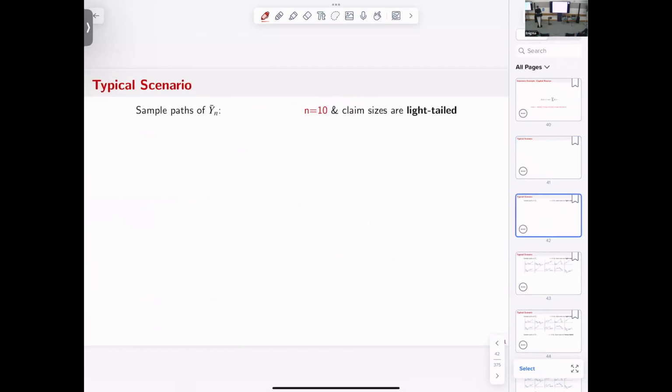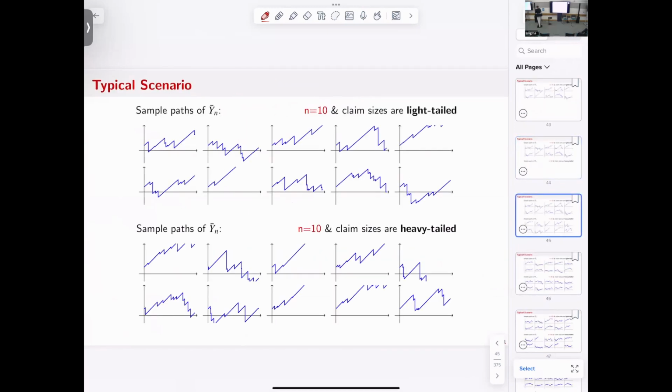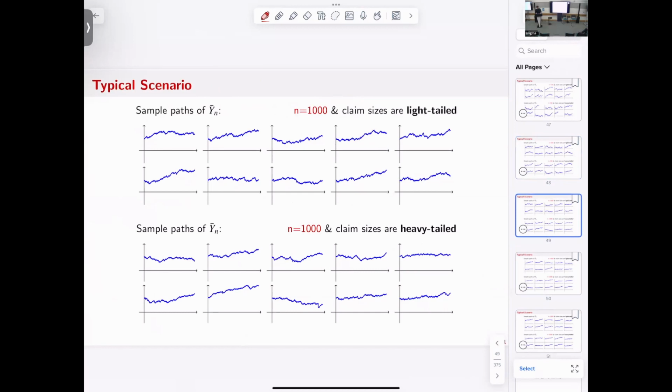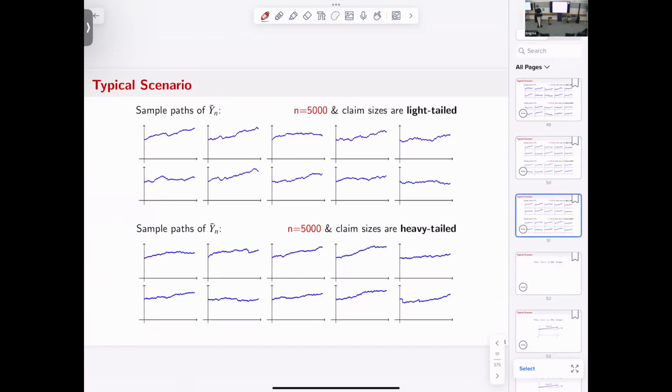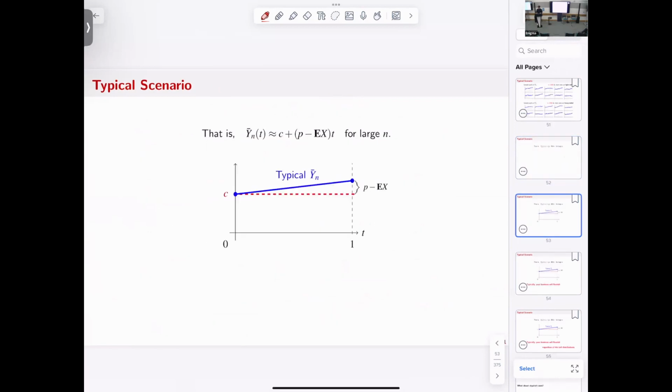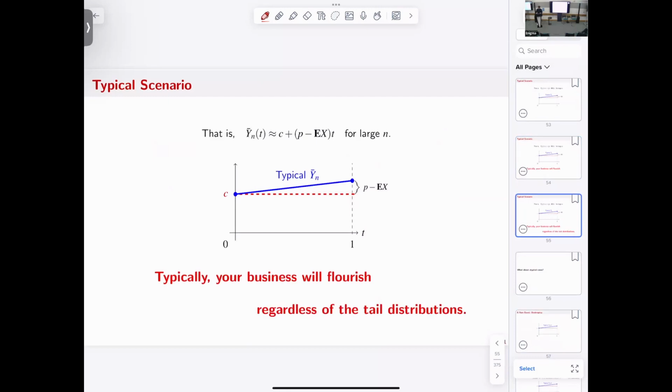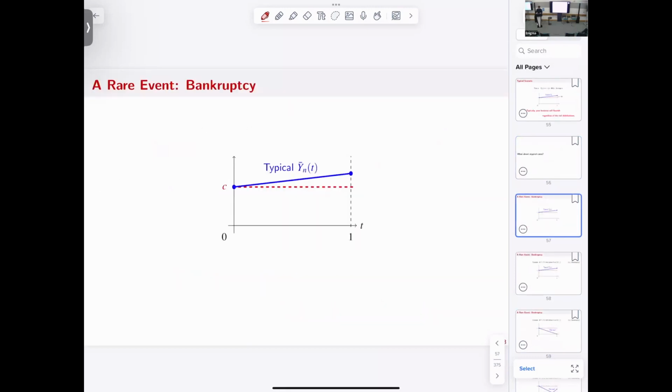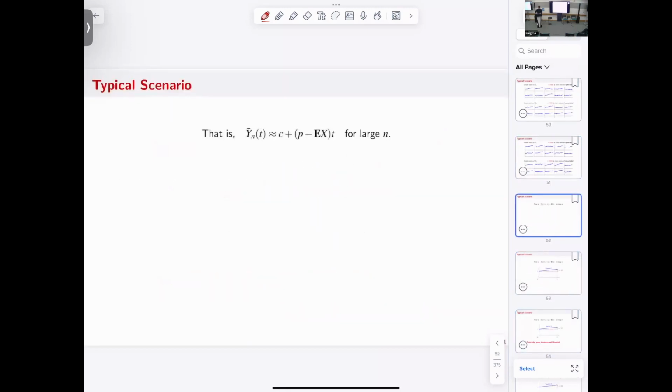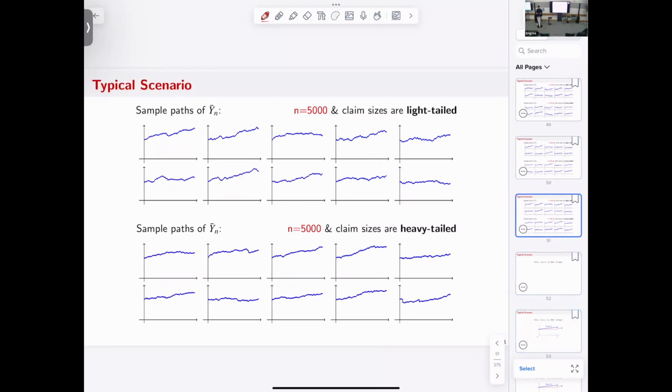These are simulation results, the 10 simulation outcomes, and as n increases, some pattern starts to arise, and this is dictated by the law of large numbers. So the path is supposed to converge to this straight line, regardless of the tail distribution, both heavy tail and light tail distributions, same pattern.